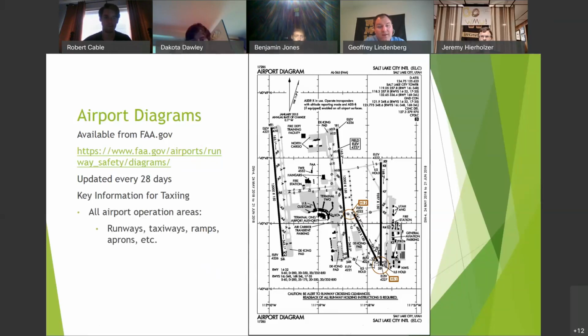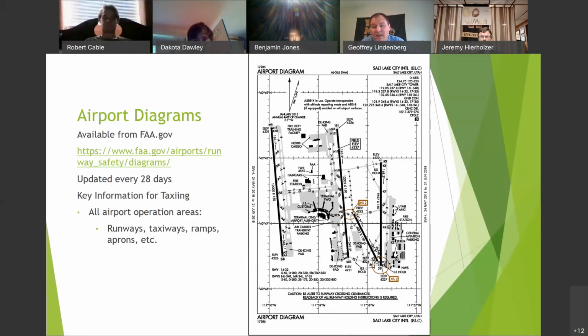So I mentioned that key information, they're going to cover airport operation areas, and the areas we're most concerned with for our purposes are things like runways, taxiways, ramps, aprons, etc. A lot of times they will include roads and that kind of thing as well, but they are primarily focused on the aircraft operation side of things as opposed to if you're driving on the airport.